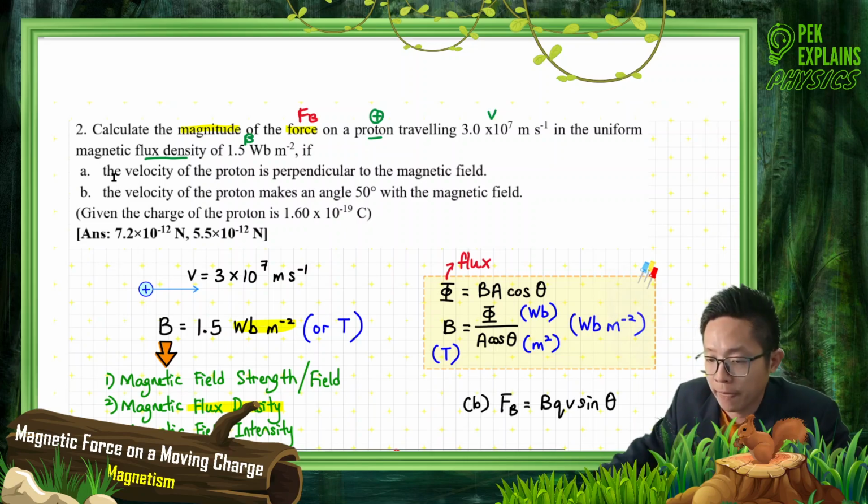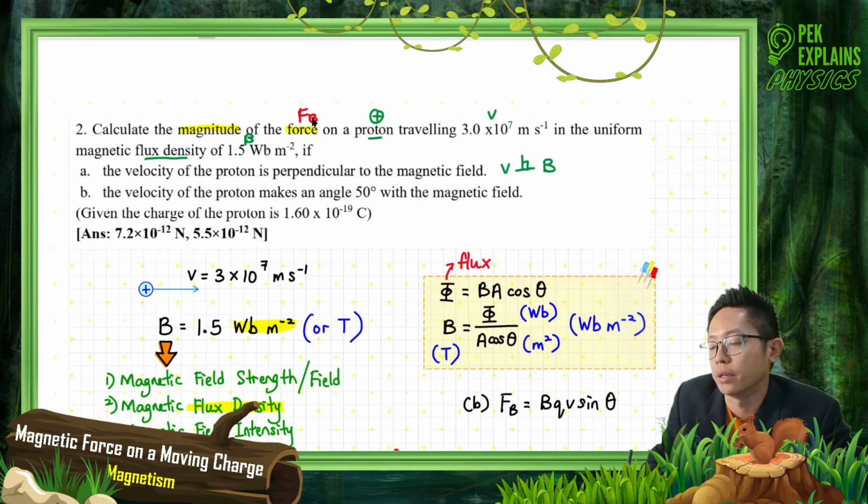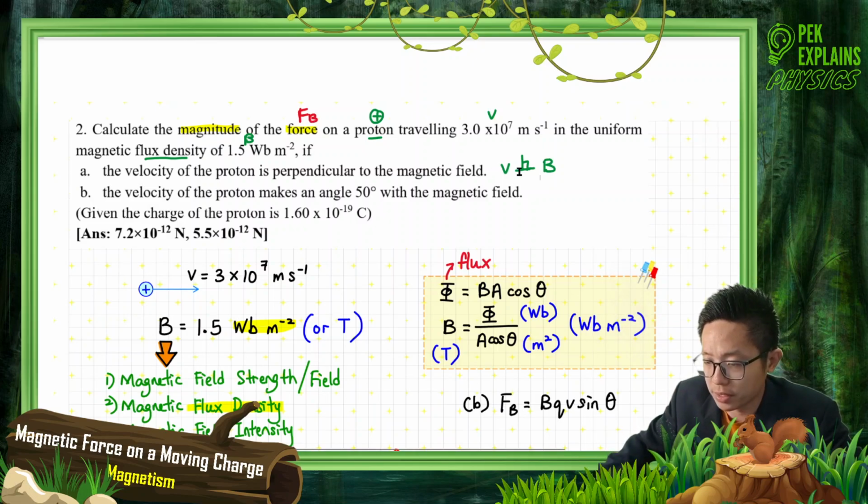We also have part A. He gives us velocity perpendicular to the field. So what does it mean by this perpendicular between velocity and magnetic field? The question asks us to find the force. First of all, let's identify the equation for force.